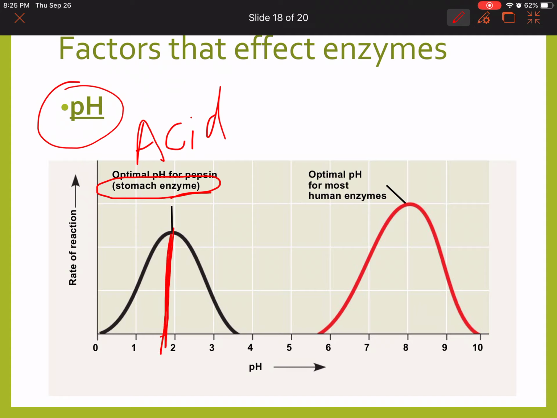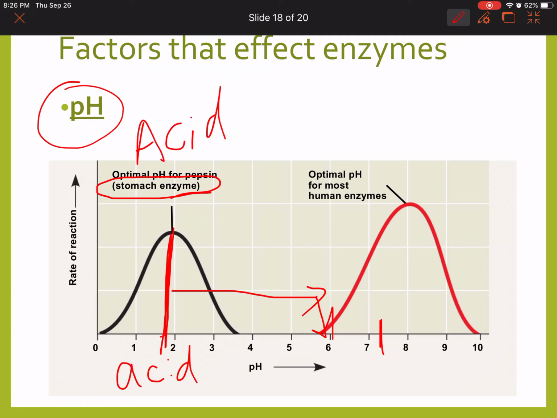This enzyme works really well in an acidic environment. Most of your blood is right here at about 7.4, slightly basic. When this enzyme gets out into the blood, like if you have an ulcer, a hole in your stomach, it doesn't work. So this enzyme can't digest us.